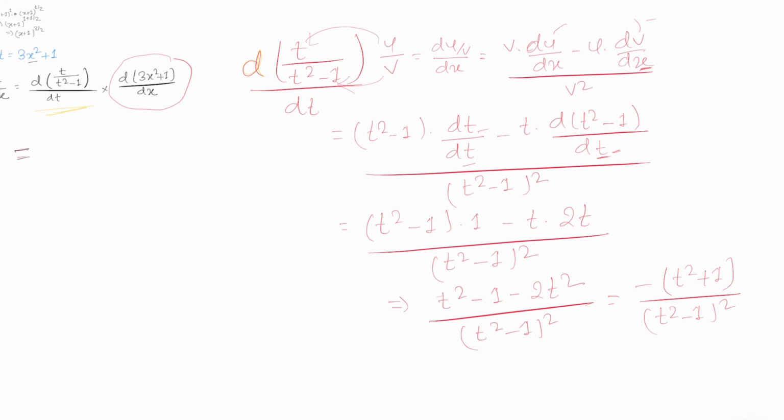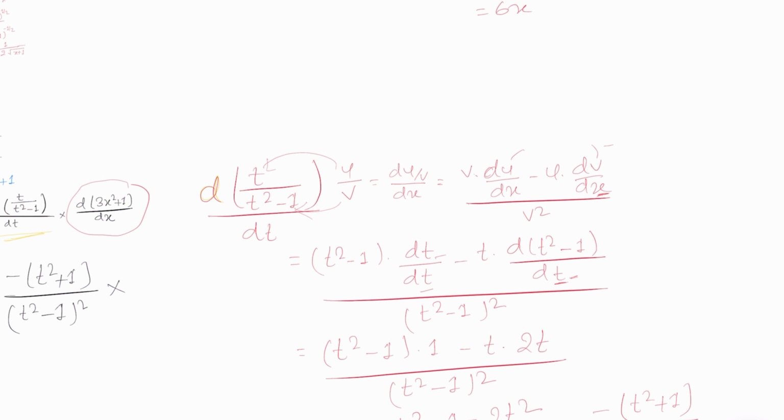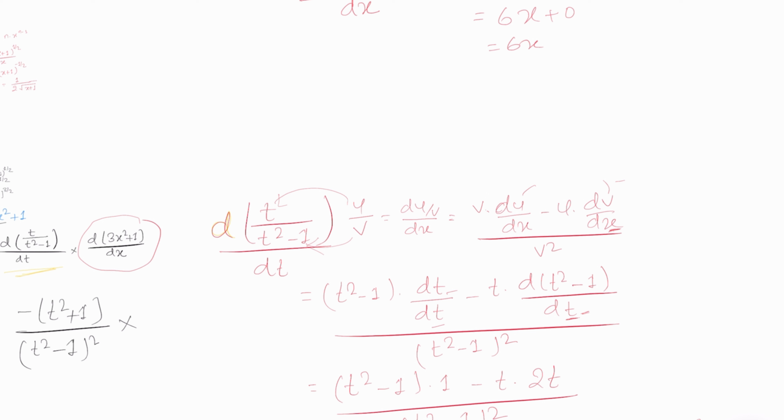So we have the derivative of the first portion, t upon t square minus 1 with respect to t, is minus (t square plus 1) upon (t square minus 1) whole square, times the derivative of this portion, which is 6x. So multiply by 6x.